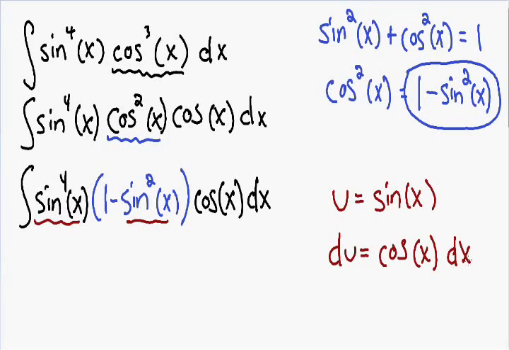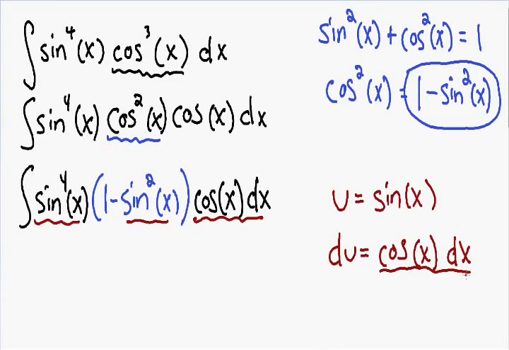And notice how in our integral we have a cosine of x dx, and our du is also equal to the cosine of x dx. So this is a good indication that we're on the right track, and this is why we separated this cosine of x dx. So we have something that is exactly equal to du.